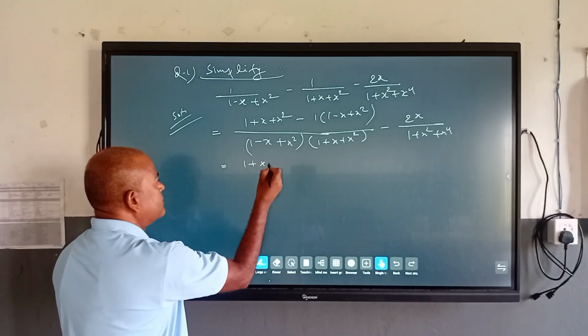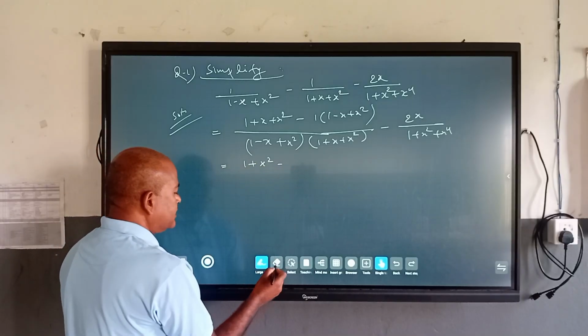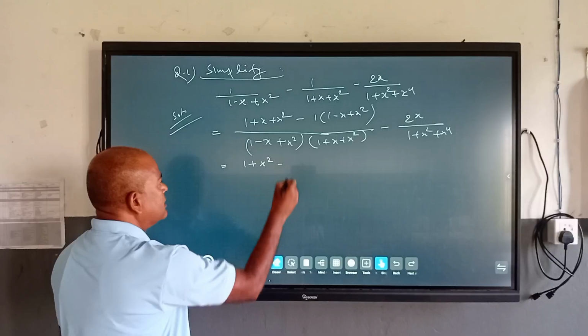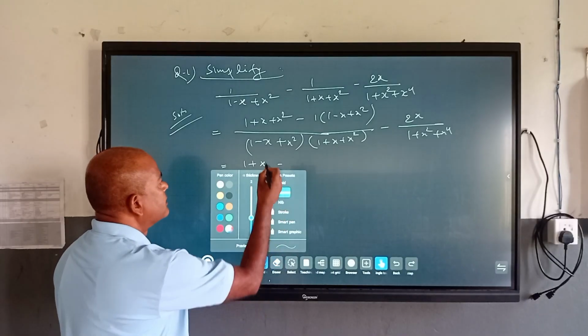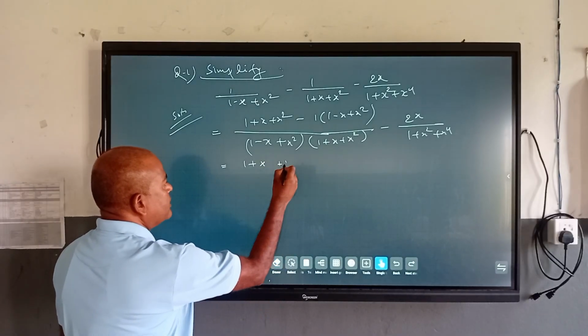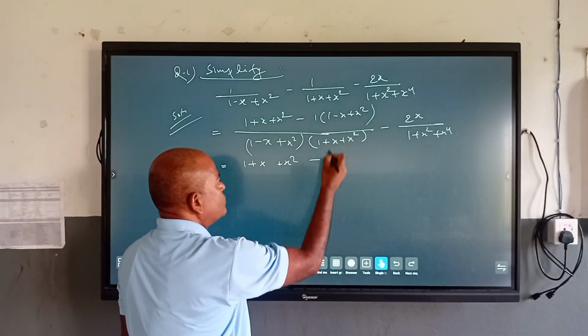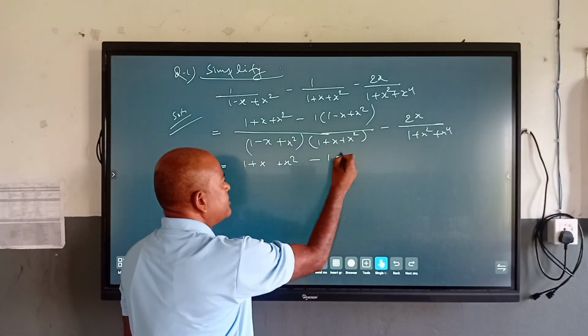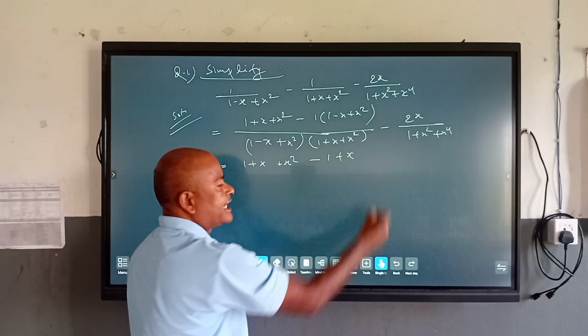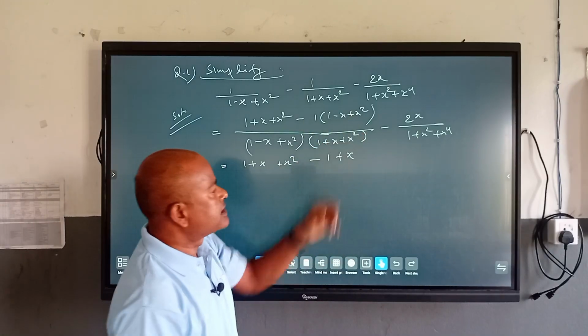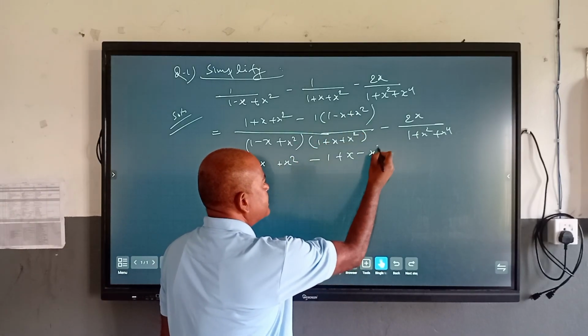So dear students, now we are going to remove the bracket. Minus 1 into 1, we get minus 1; minus into minus x, we get plus x; minus into x square, we get minus x square.